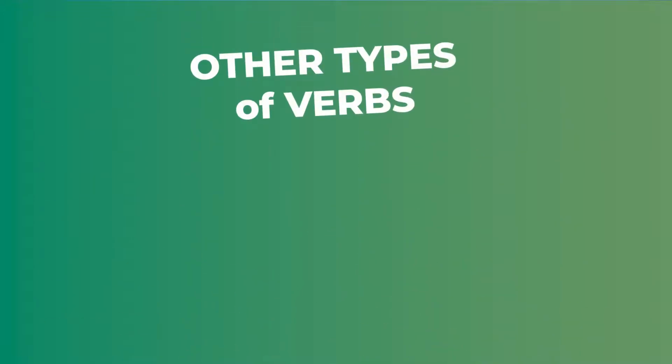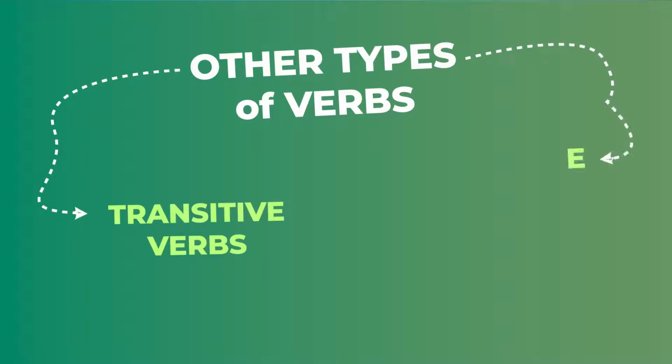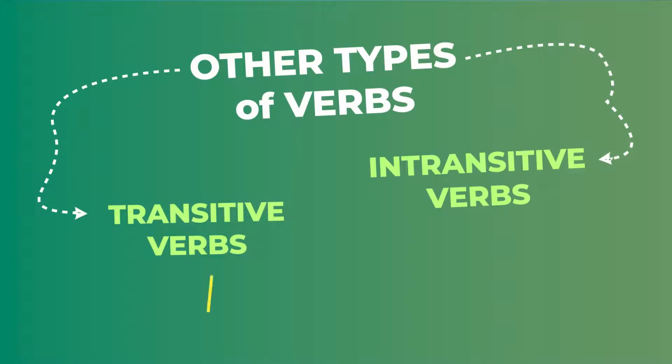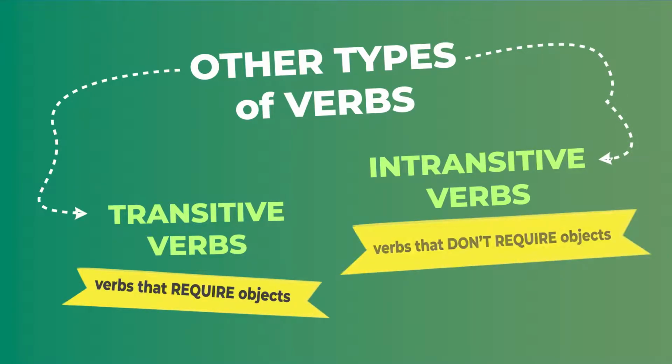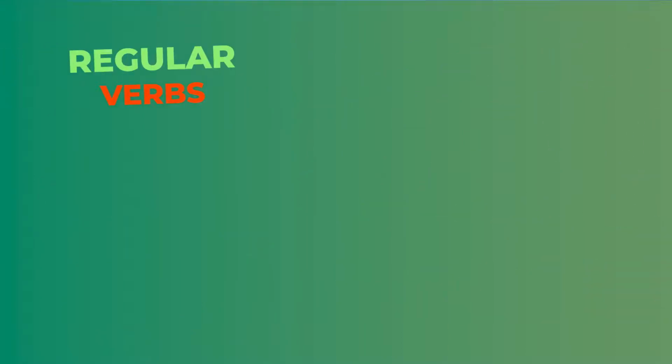Other types of verbs we have in English are transitive and intransitive verbs. Transitive verbs are those that need objects, while intransitive verbs don't. And when we talk about the tenses of verbs, we identify them as regular and irregular verbs.